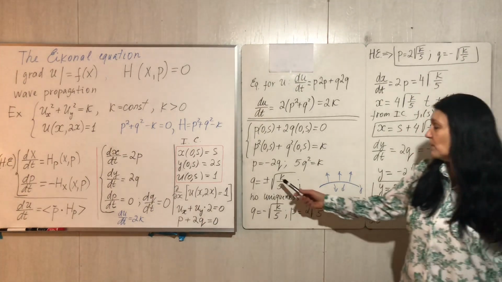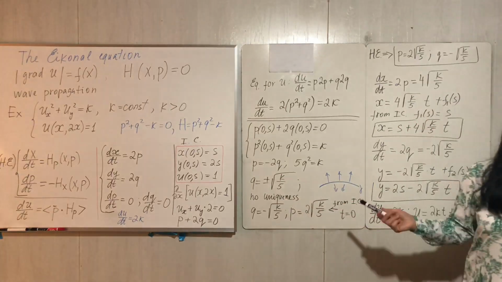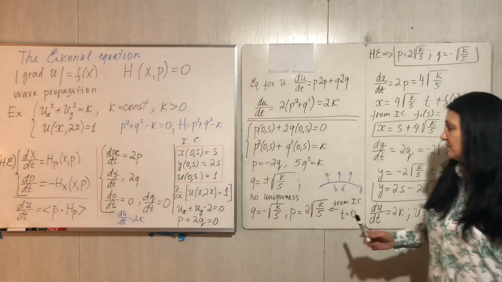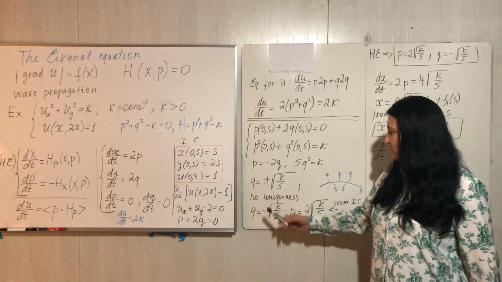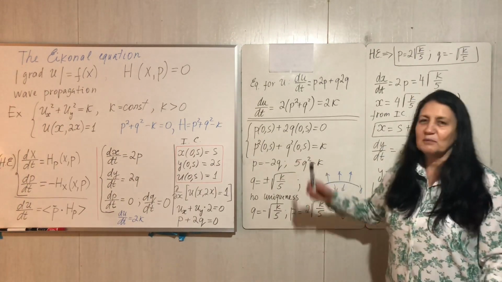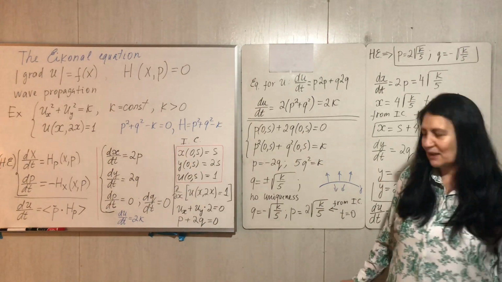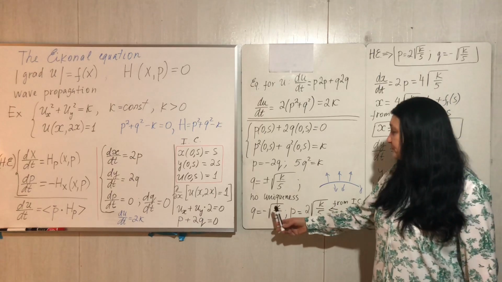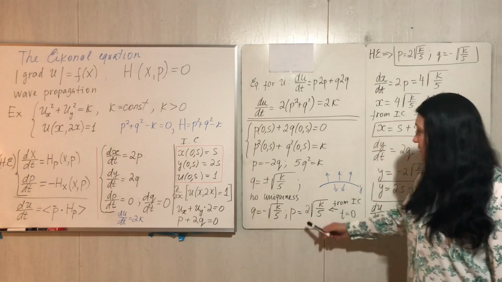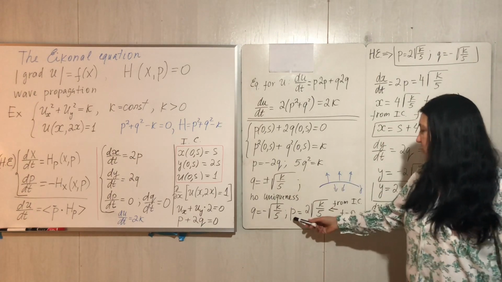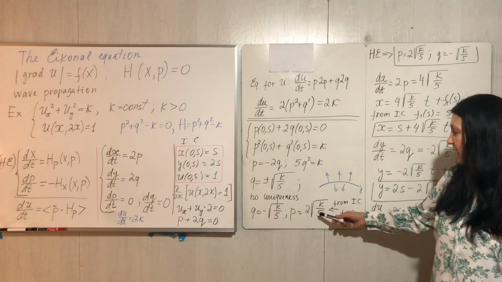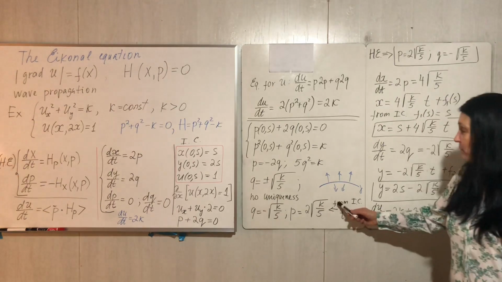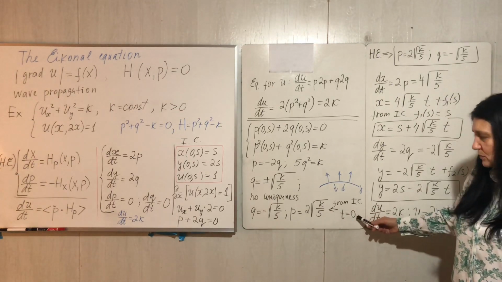So in this problem there is no uniqueness. I have chosen minus because I want to have p with plus, but for no reason absolutely, just to choose something. Then if I choose minus, from this equation p would be 2 square root of k over 5, and this is just the initial condition when t equals 0.